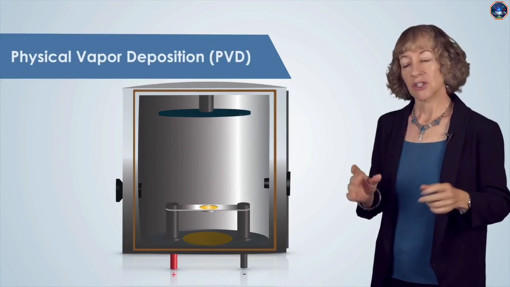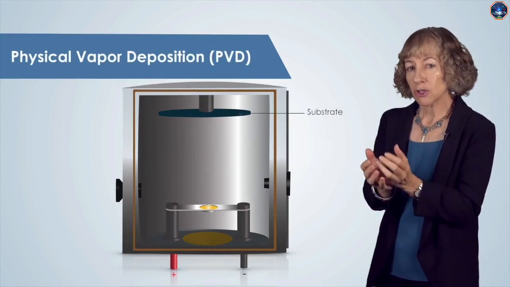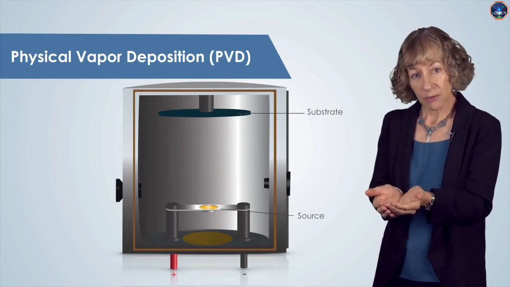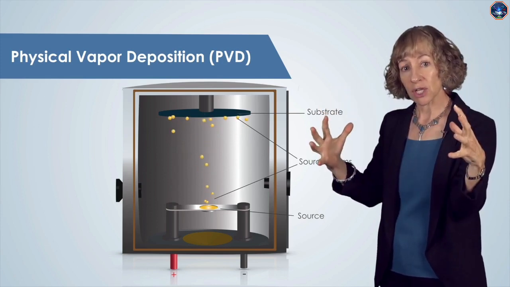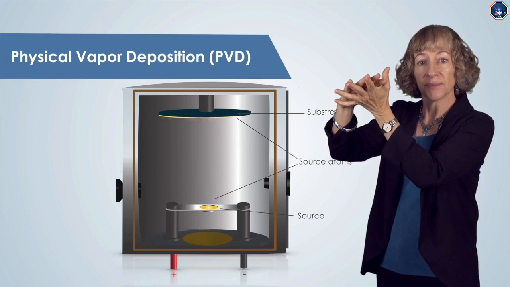So vacuum deposition is any process in which a thin layer of material is deposited onto a surface in a high vacuum environment. As shown in this animation, the atoms come from an ultra-high purity material that we call the source, and atoms from this source travel through the vacuum in the vacuum chamber and are deposited onto the surface of our substrate.